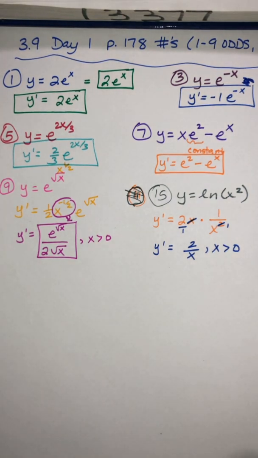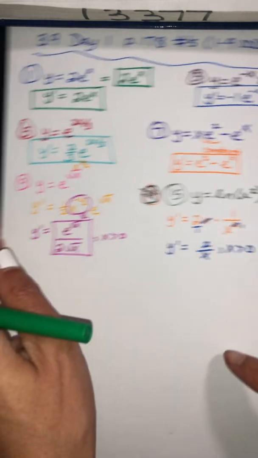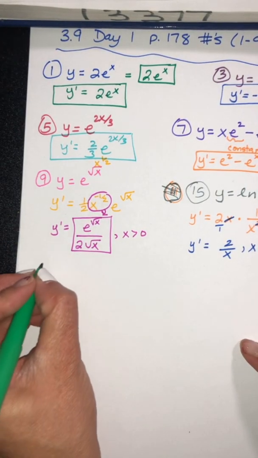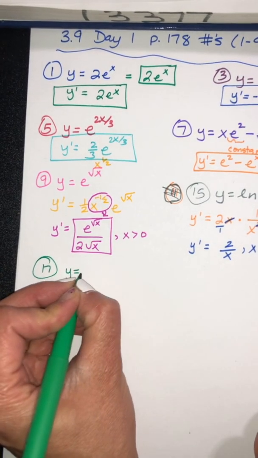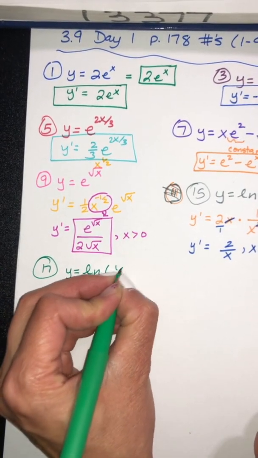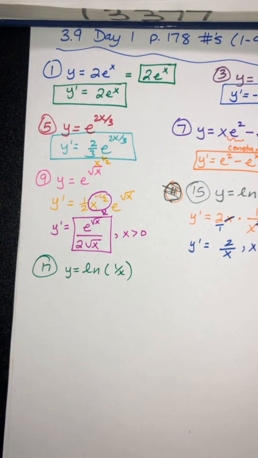All right. Next one, I'm trying to put my pens in order. Number 17. We have y equals the natural log of 1 over x. Okay, well, another natural log, and it's a 1 over x this time. And we got to be careful because 1 over x, we need it in as an exponent.